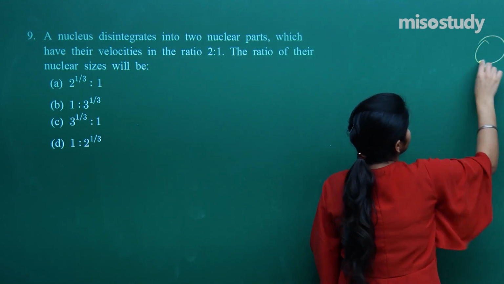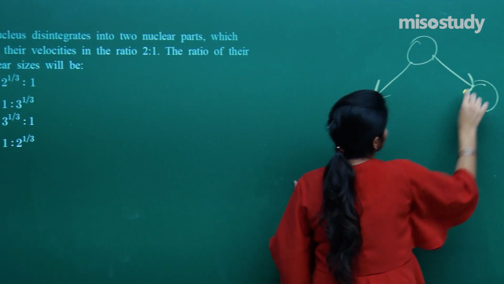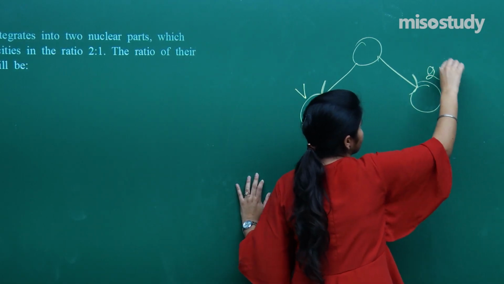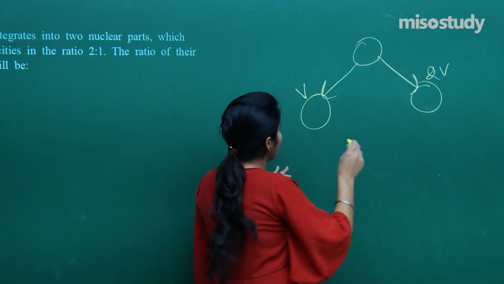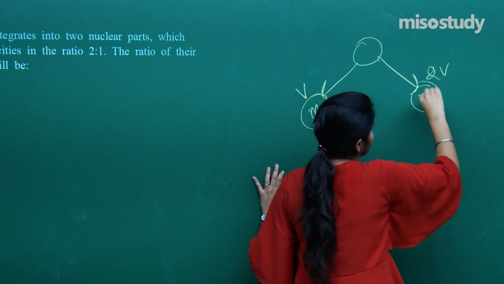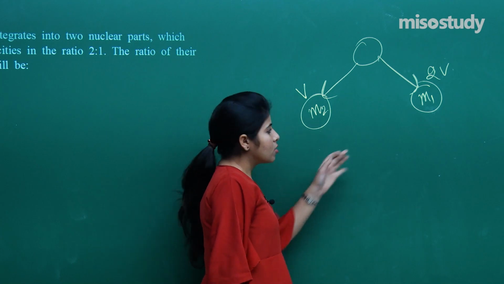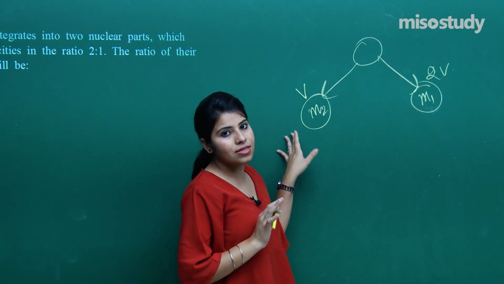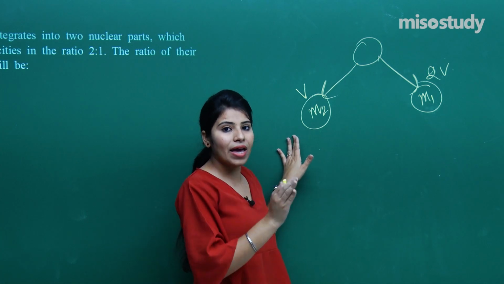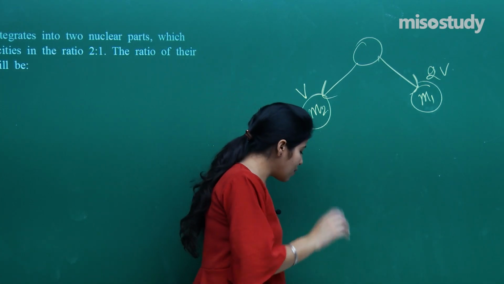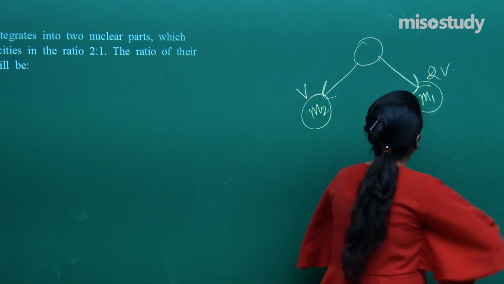As we have seen, this has broken down into two particles, one having velocity v and one having velocity 2v. I am supposing that this one has m2 as mass and this one has m1 as mass. In that case, I am imagining that this is the lighter particle and this is the heavier particle, and by imagining that, I have given the solution for this, right? Now we will begin with the next question.